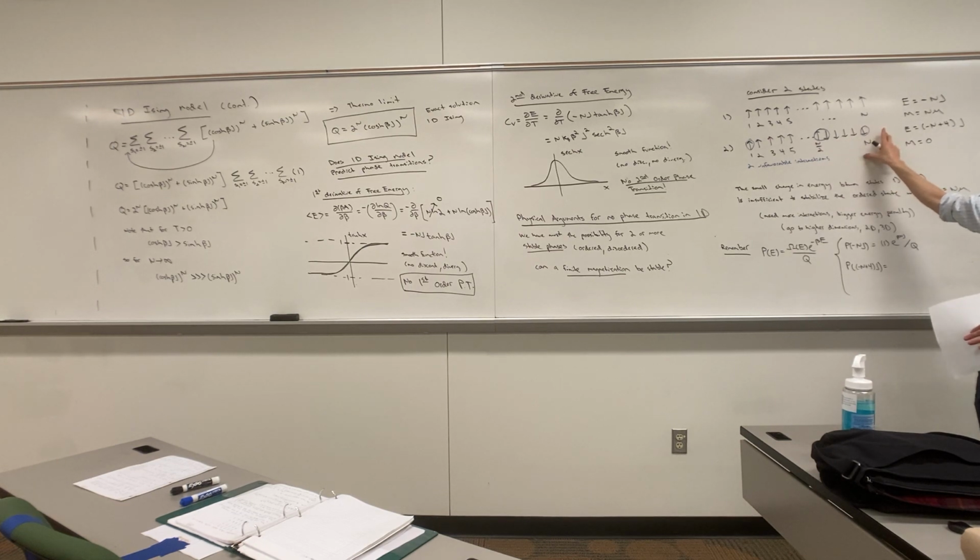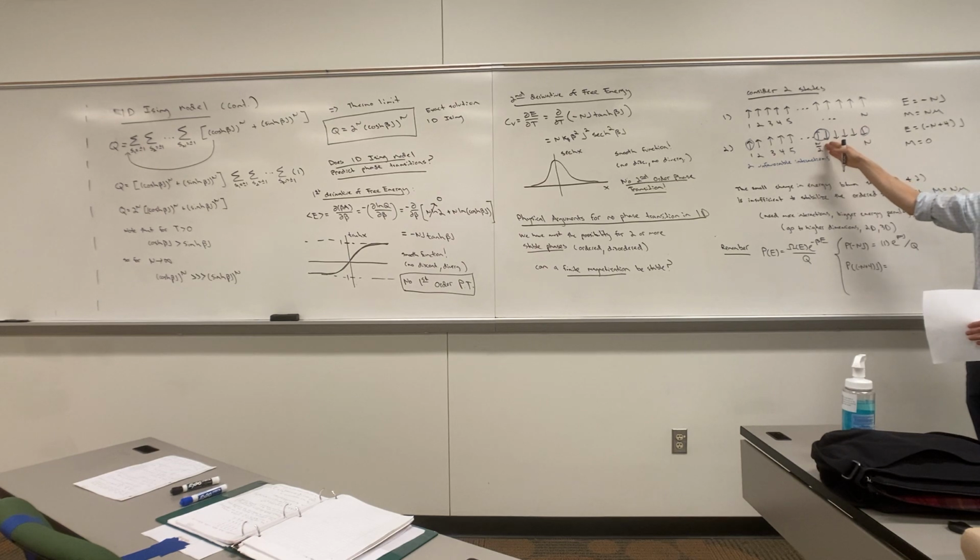Forget your periodic boundary conditions. Suppose you had one break. Then there would be n places in your chain where you could draw that break. Would there be n minus 1 spots? Because it's the spots between each. So I want to say there's n over 2. That's what I want to say the degeneracy is. Because if you have one break, then there's n places you can make that break.